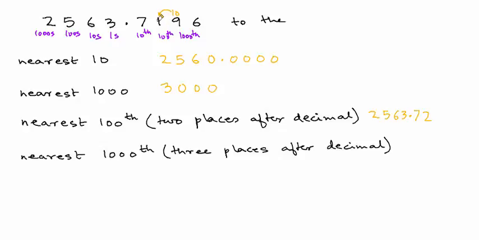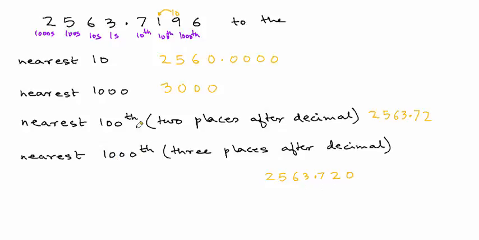So this 1 should change to the next higher digit to make it 2, and the 0 from the 10 is placed over here. So the answer is going to be 2563.720. We don't need any digit after that because the thousandths place means 3 places after the decimal point.